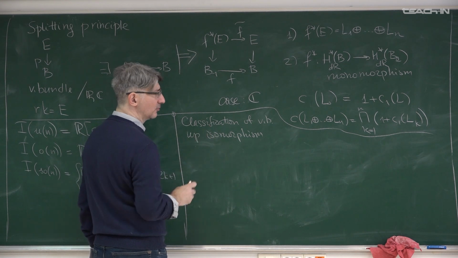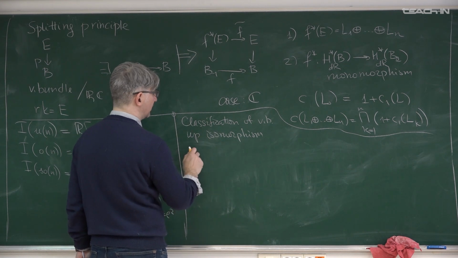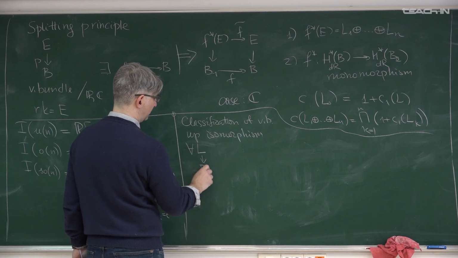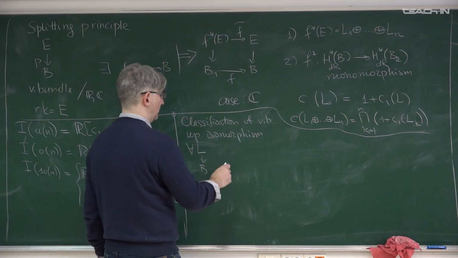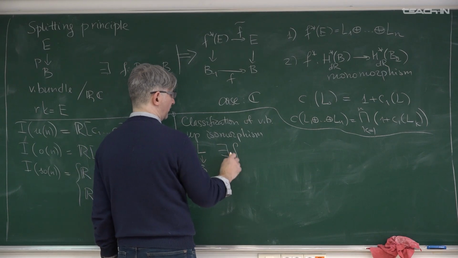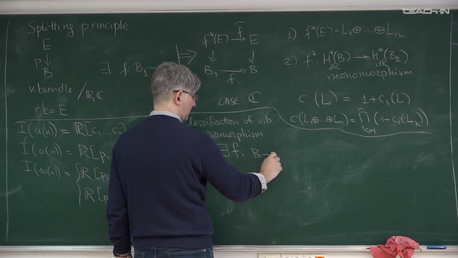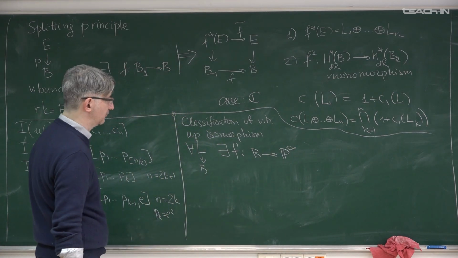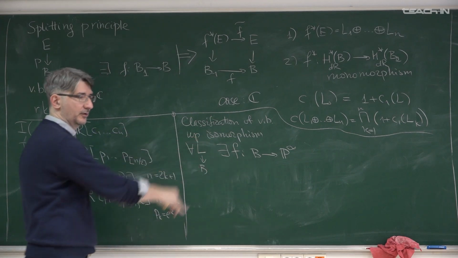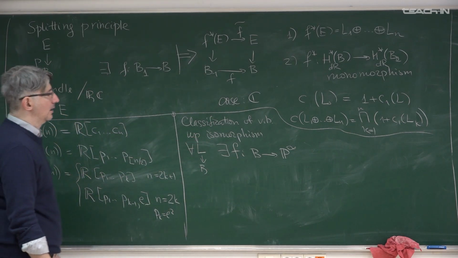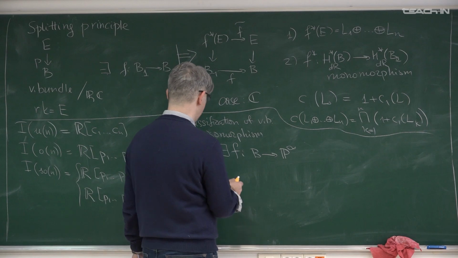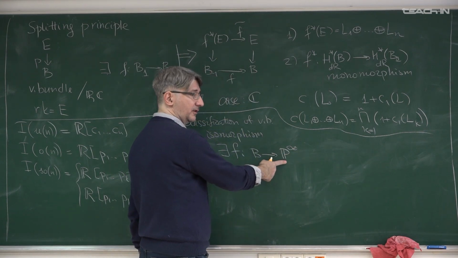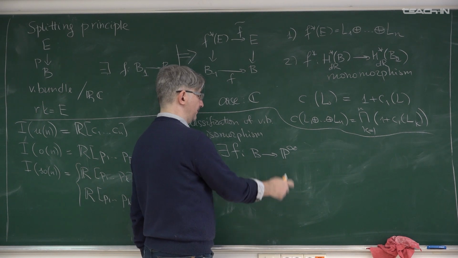Let me start from dimension 1. What can I say about line bundles? For every line bundle over a space B, there exists a map F from B to projective space, infinite-dimensional projective space. It works for both cases, real and complex, such that over projective space you have a tautological line bundle.